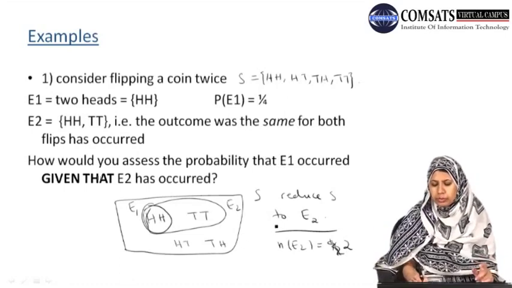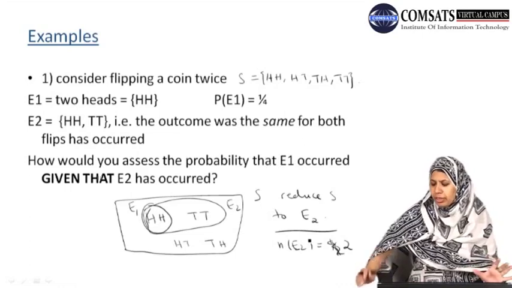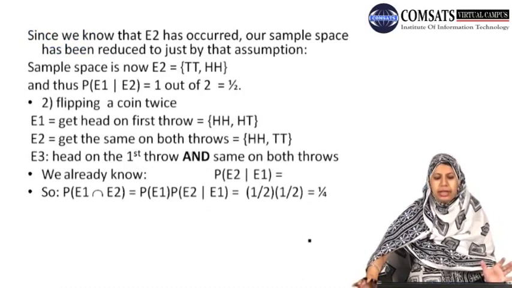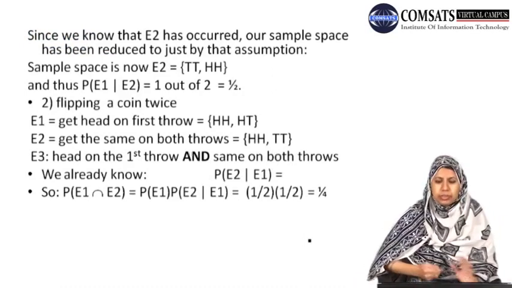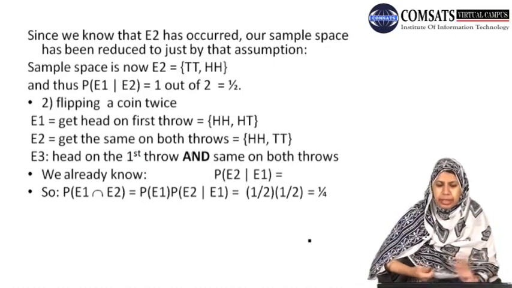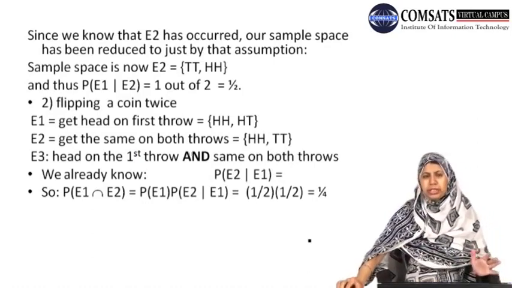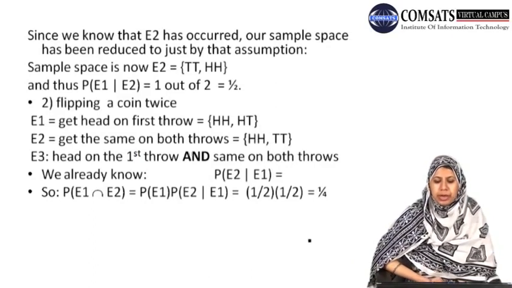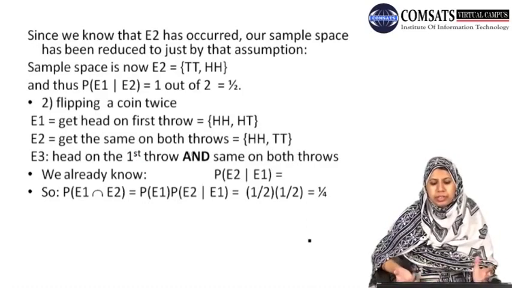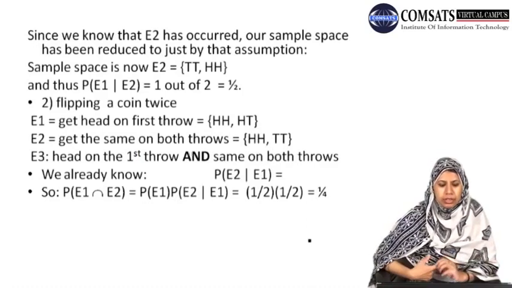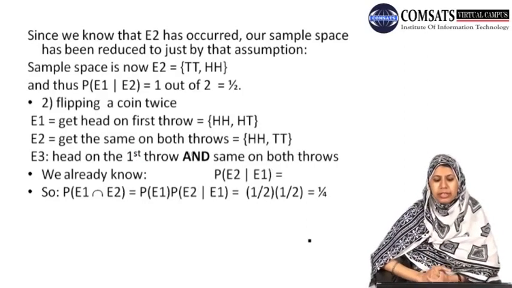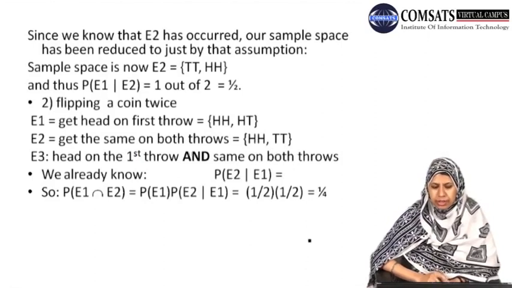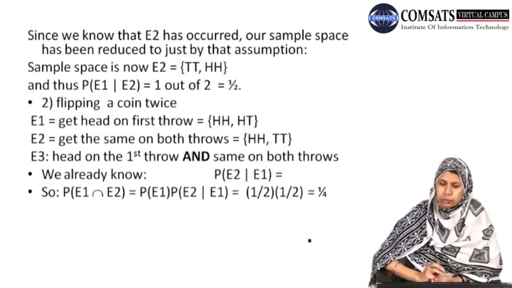Now we can use the formula for calculating the conditional probability of dependent events, and we know that E2 has already occurred and the events are dependent, so this must affect the probability that the event E1 will occur. So our sample space has been reduced by that assumption to our event E2. So the probability that the event E1 will occur given that the event E2 has already occurred is 1 out of 2.